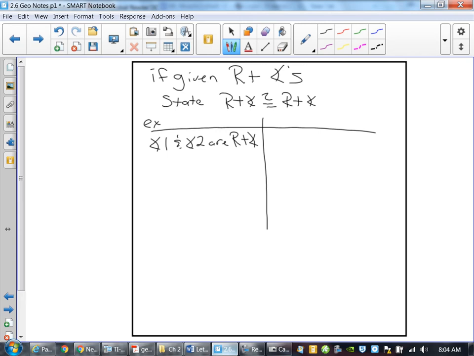If that's given, what am I going to say? They're congruent. Which ones are congruent? There you go. And look back at the progression we just did with the right angles. What did we say about right angles after?